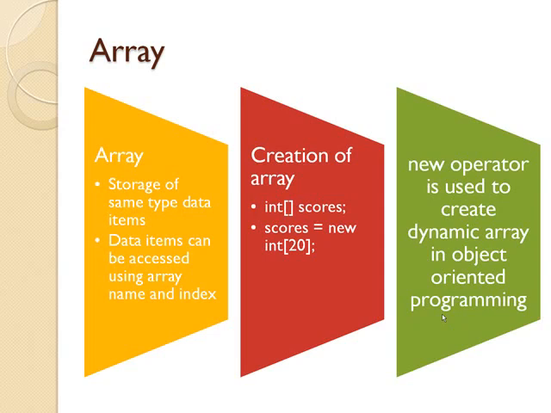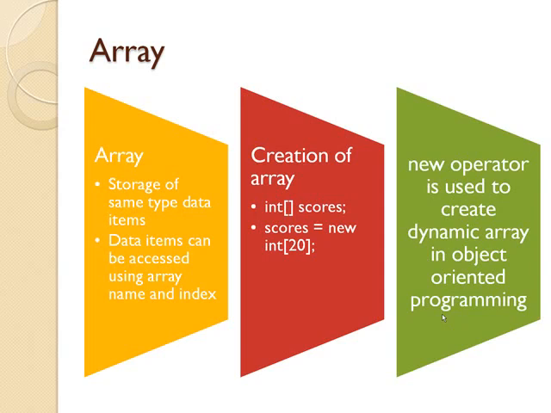Now there is a difference between a static array and a dynamic array. A static array is when you create an array with a predefined size. The size may not be changed later on. So if we are creating an array with size, let's say 15, then later on we will not be able to change the size of 15 to 20.